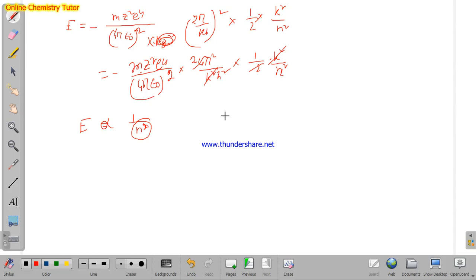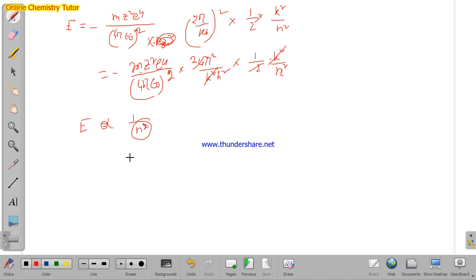So to define fine structure, Sommerfeld further introduced the relativistic correction, and in that correction we will show how the energy value depends on k, and thus he will be able to define the fine structure.